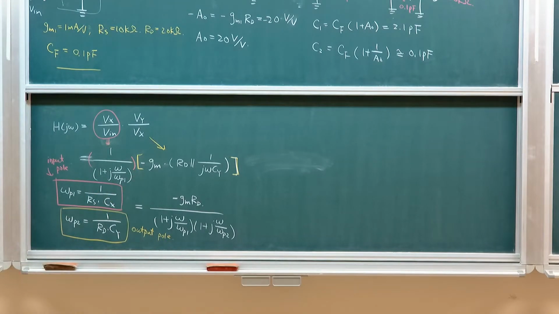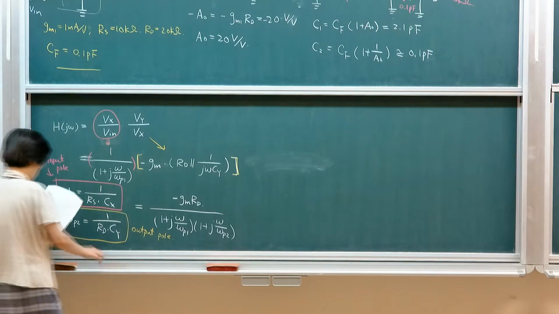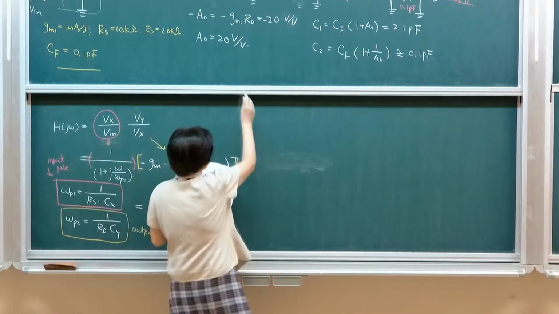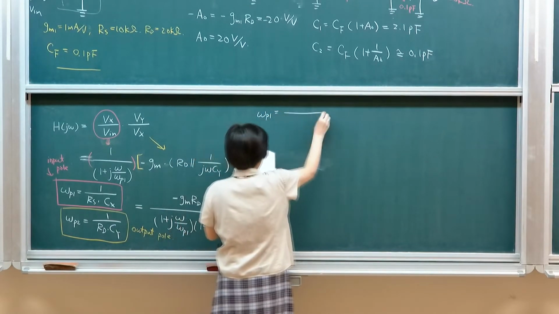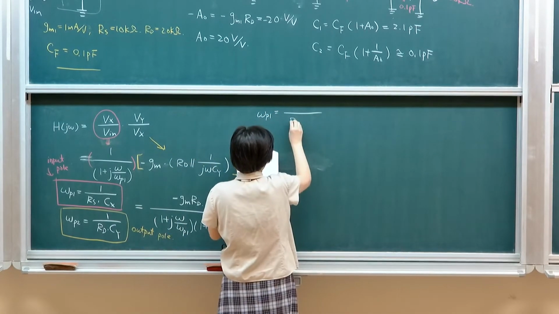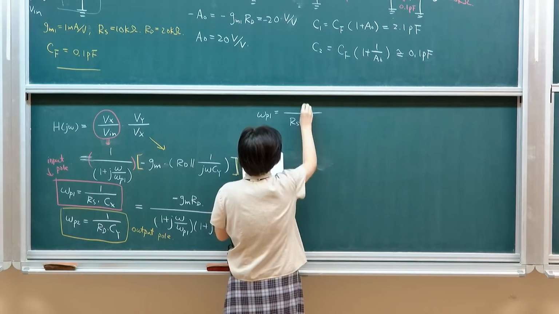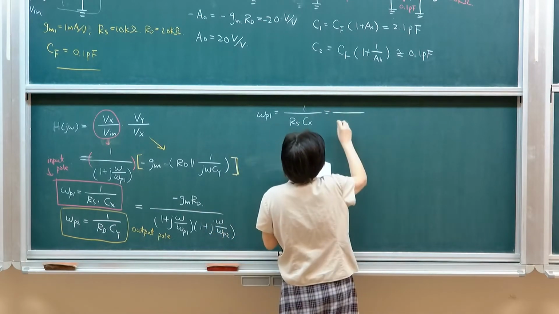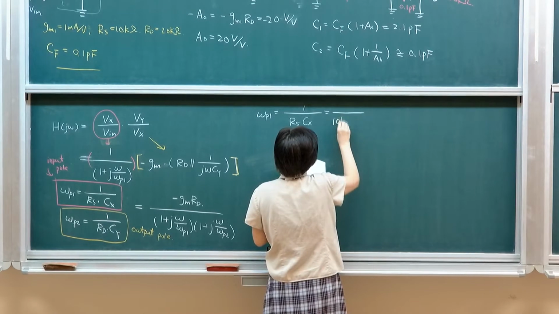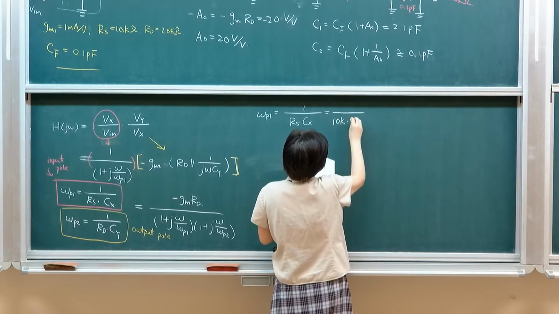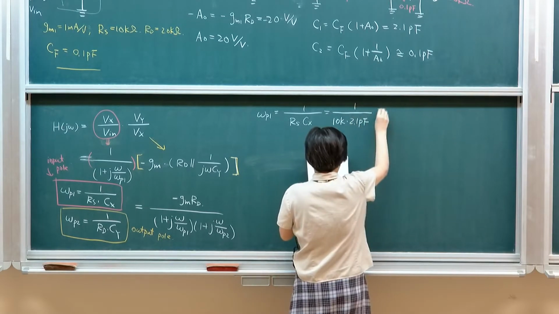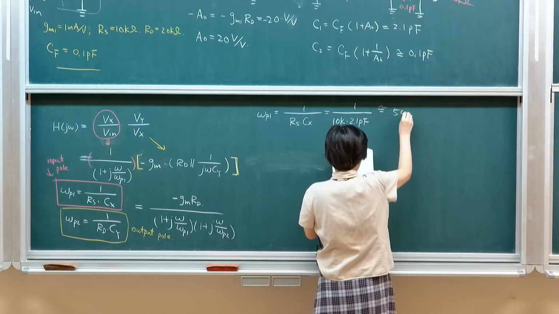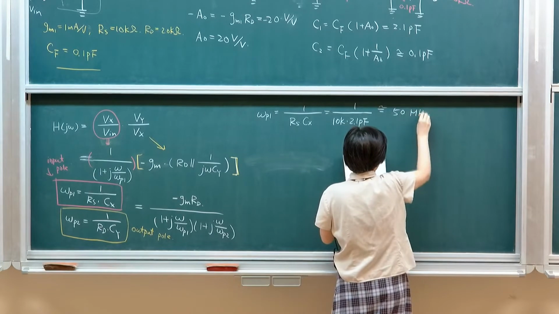So which one will be the dominant, the lowest frequency? We're going to determine its frequency first. Omega p1, based on the parameters given, is 1 over Rs Cx. We know that Rs is 10K and Cx is a larger capacitance. So this will give me approximately 50 megahertz.